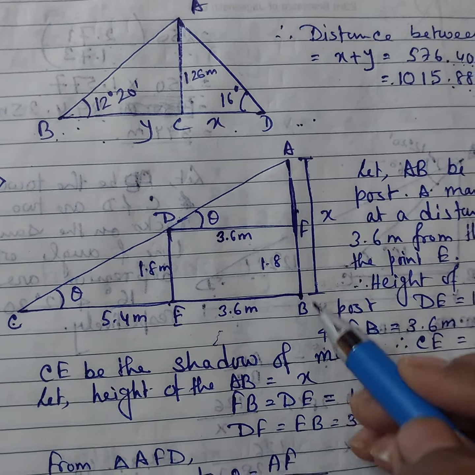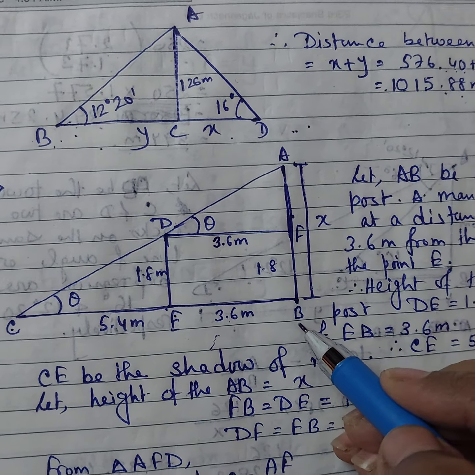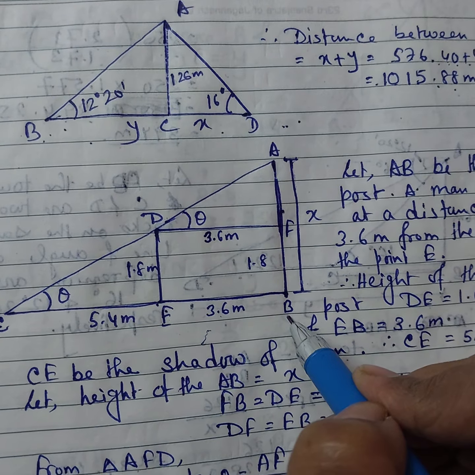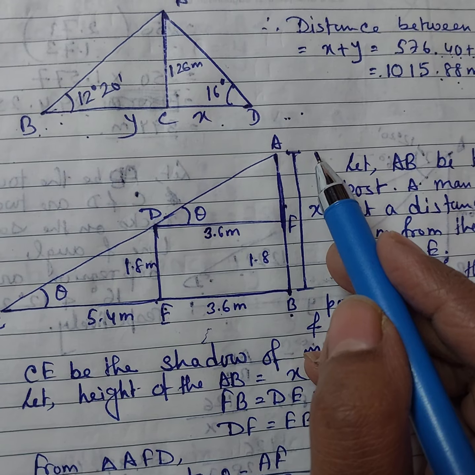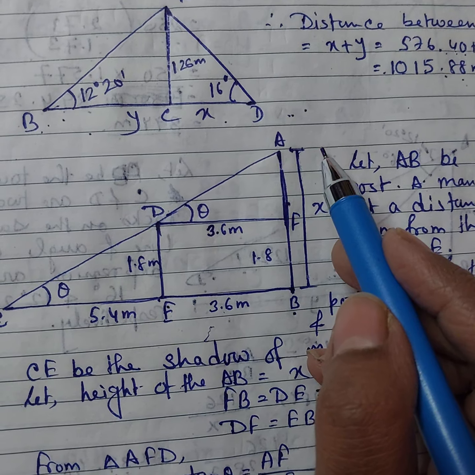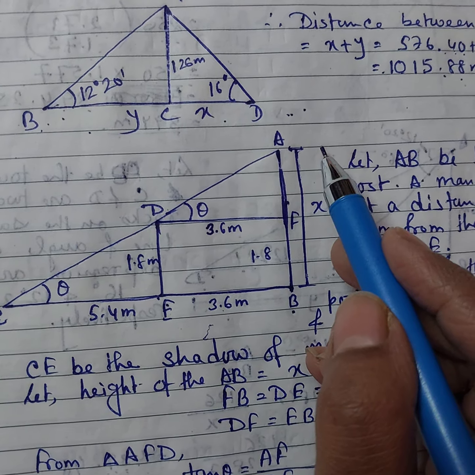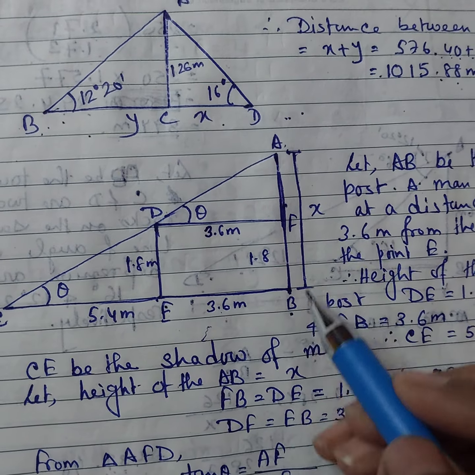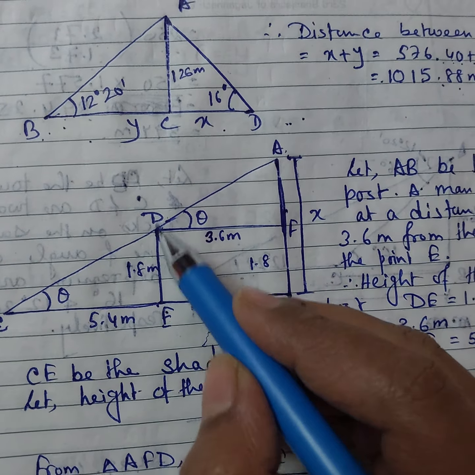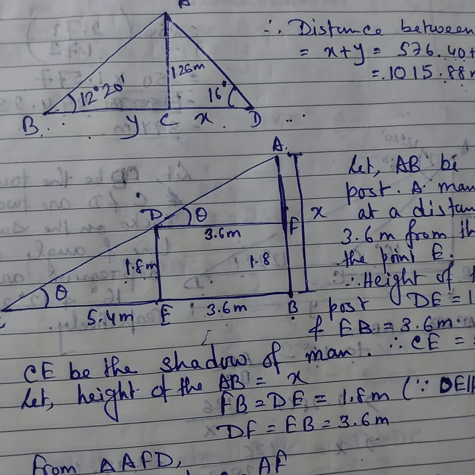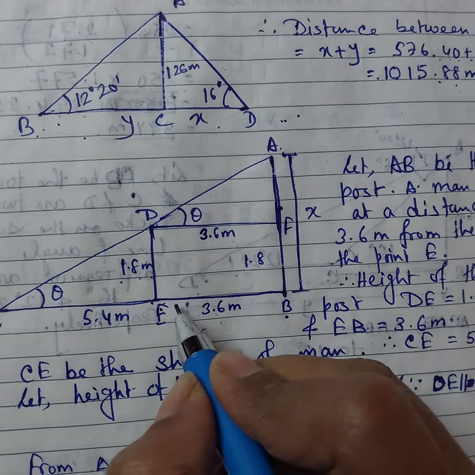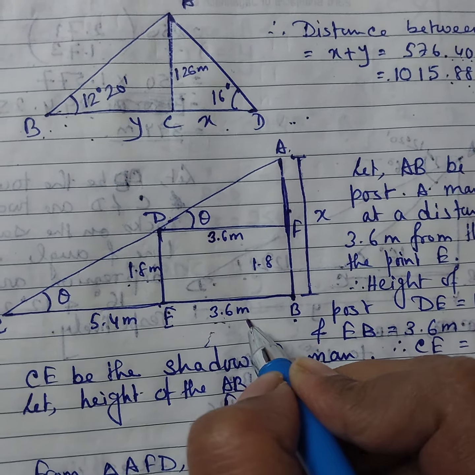So height of this lamp post be AB and the height of the man is DE, that is 1.8. Okay. And both are at a distance of 3.6 meter.